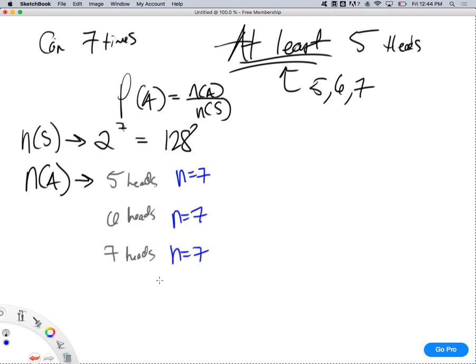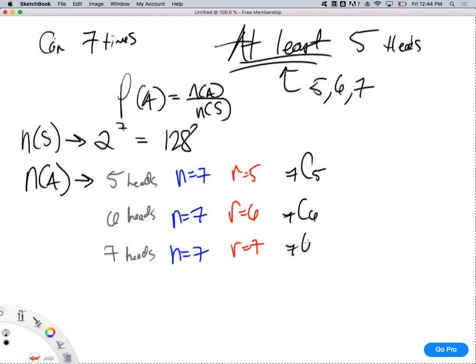So N is always 7. But then R just matches the number of heads. So R is 5, R is 6, and R is 7. We then get 7C5, 7C6, 7C7. 7C5 is 21, 7C6 is 7, 7C7 is 1.